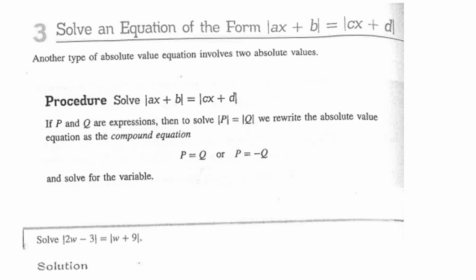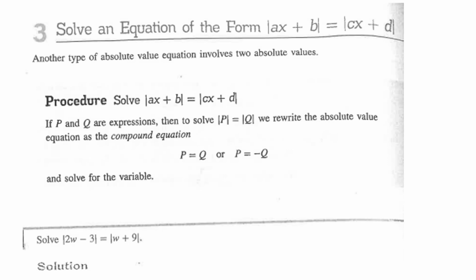So the procedure for solving this is, if p and q are expressions, then to solve the absolute value of p equal the absolute value of q, we rewrite the absolute value equation as a compound equation, either p = q or p = -q, and solve for the variable.